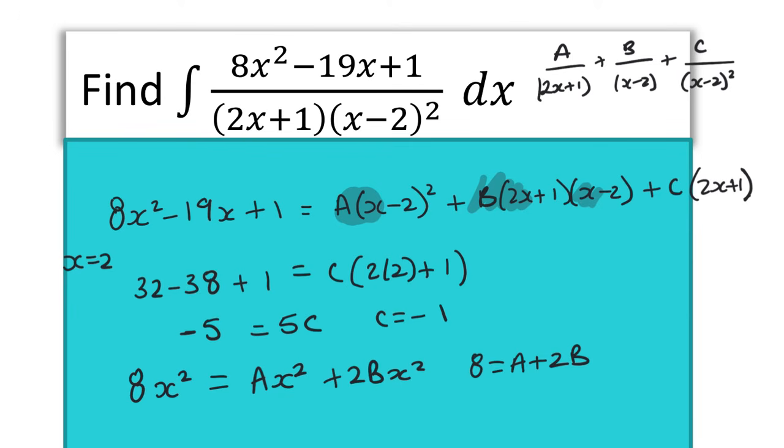So then, if I'm doing simultaneous equations, I'm going to need another equation with a and b in. So minus 19x is the next one. Okay, now let's think about this logically. When else am I going to get x? Is everyone happy that (x minus 2) squared is going to give me minus 4ax?